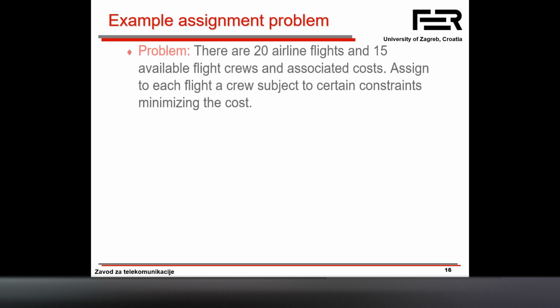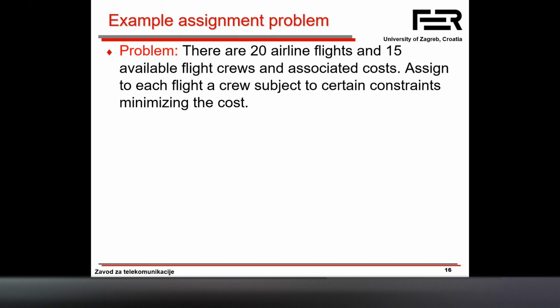Okay, an example, I think we mentioned this airline flight or crew assignment problem back in the first lecture. As an example, we have 20 airline flights and 15 available crews. We want to assign a crew to each flight, subject to a certain number of constraints. So each flight has to have a certain crew assigned.